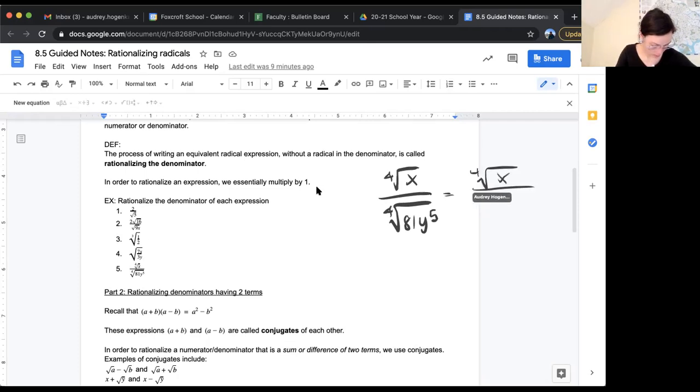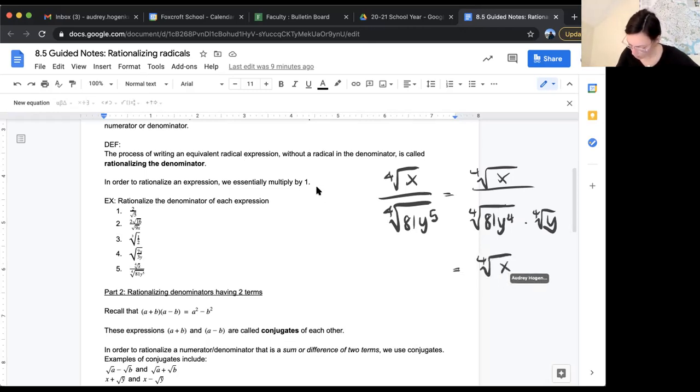But in our denominator, we can think about this as the 4th root of 81 y to the 4th, which will have a perfect 4th root, times the 4th root of y, which will be left. So then I know that my expression simplified is the 4th root of x over the 4th root of 81 y to the 4th, times the 4th root of y. The 4th root of 81 is 3. The 4th root of y to the 4th is y. So I will have 3y times the 4th root of y.